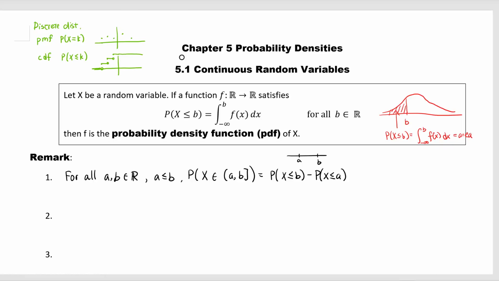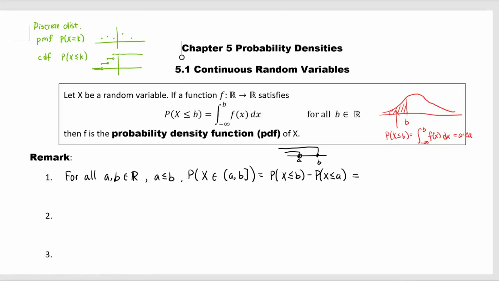You want to include the b but exclude the a, so you use less than or equal to b and subtract less than or equal to a. You subtract the a, so the a is missing.